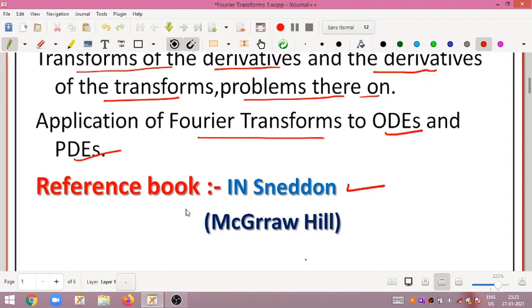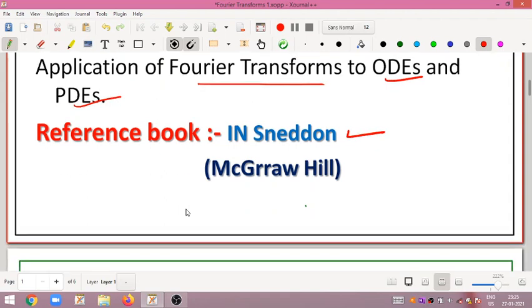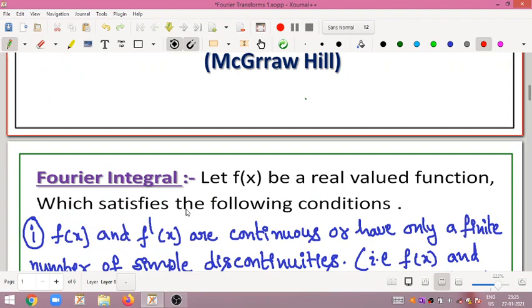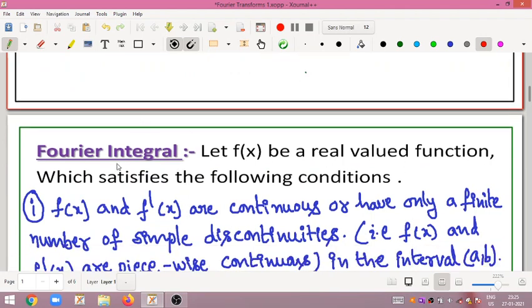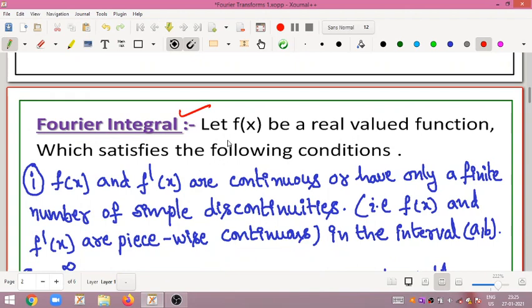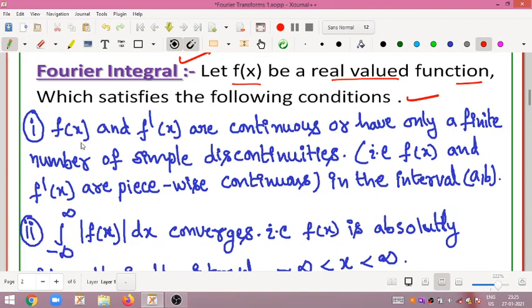Now in this topic, Fourier transform, the first heading is Fourier integral. Fourier integral means: let f of x be a real valued function which satisfies the following conditions. Two conditions are there.